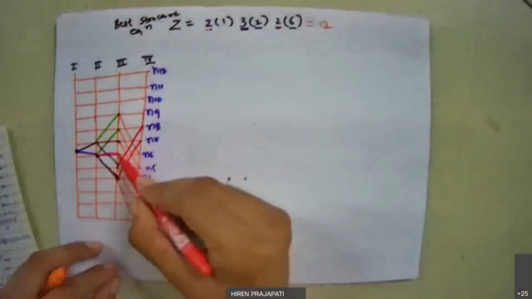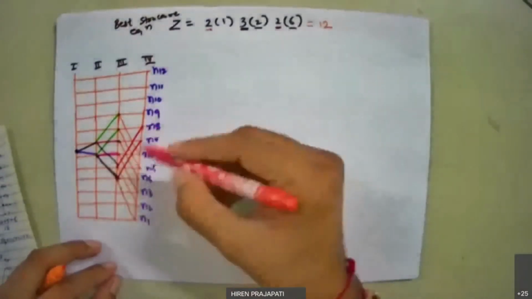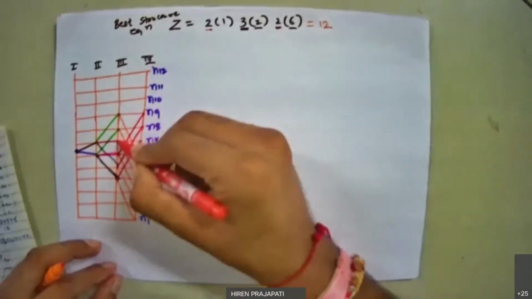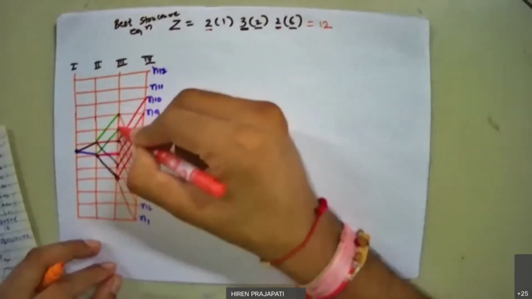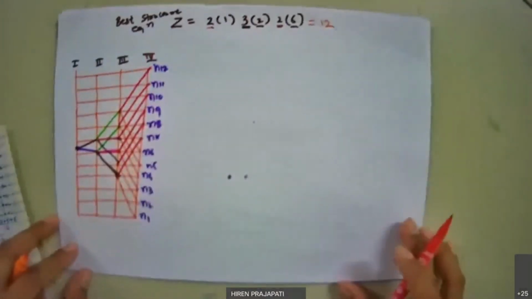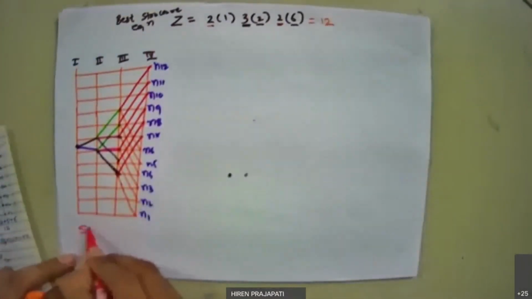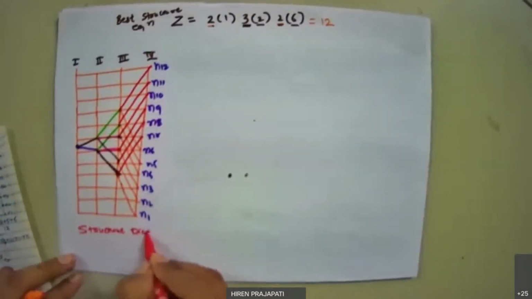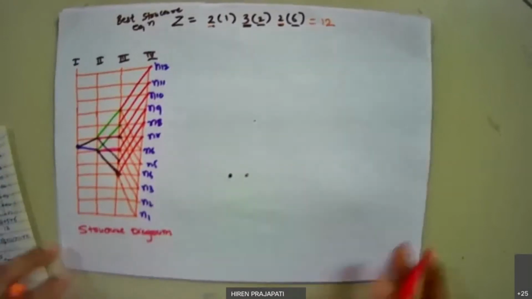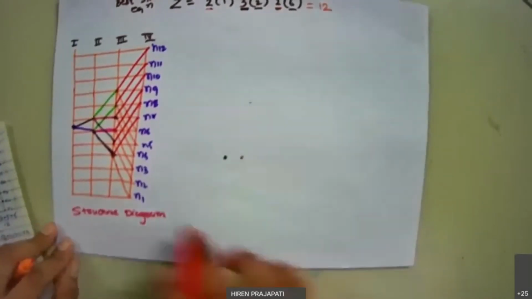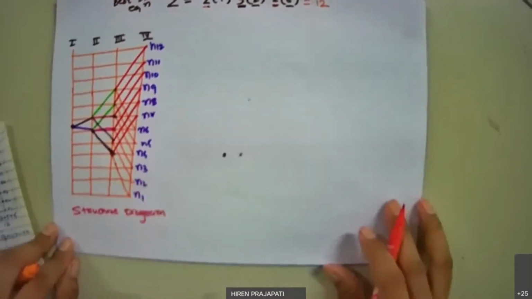Similarly now from this n9, n10, n11, n12. So this is, we can say, the structure diagram, right? Now let us draw the ray diagram for this given structure diagram.